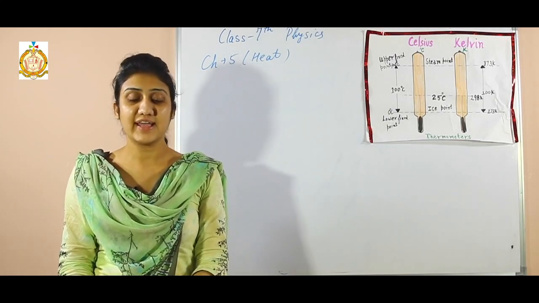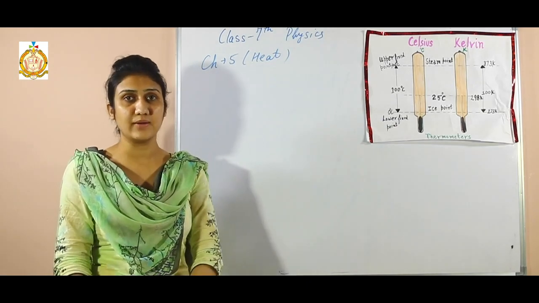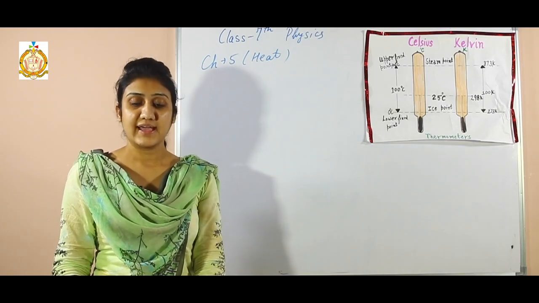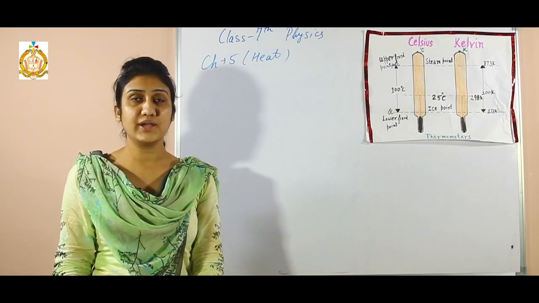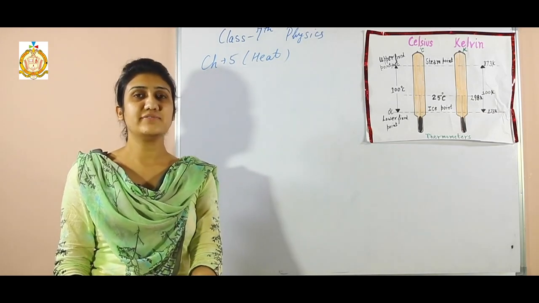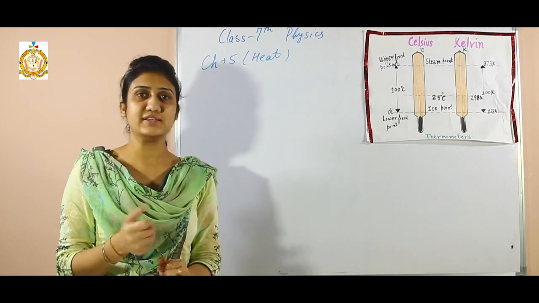Heat can be defined as a form of energy which causes a sensation of warmth or coldness, and heat can also be defined as a form of energy due to random motion of molecules of an object. Means when the molecules are in random motion, then heat is produced.